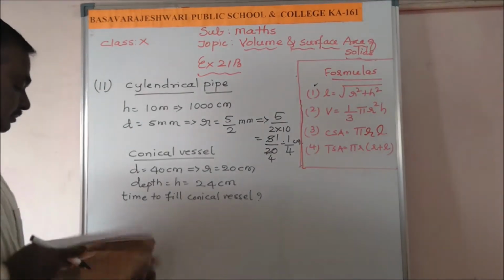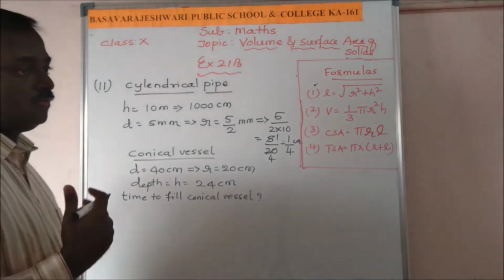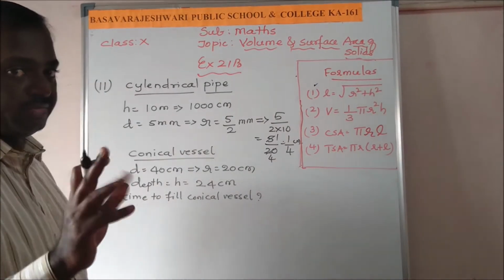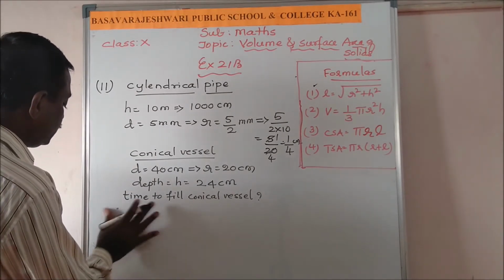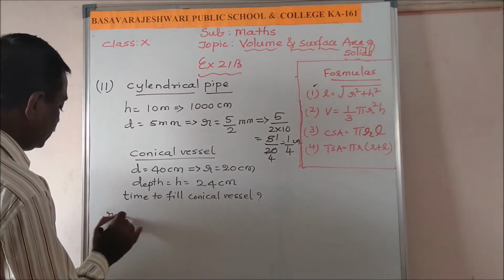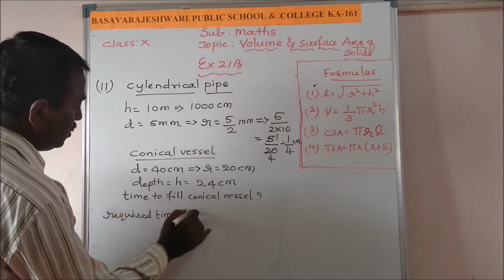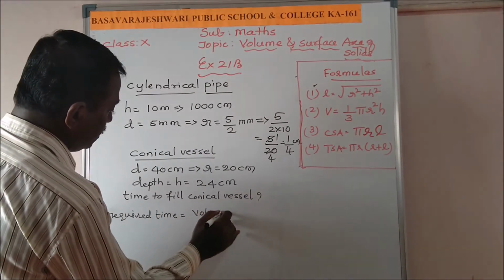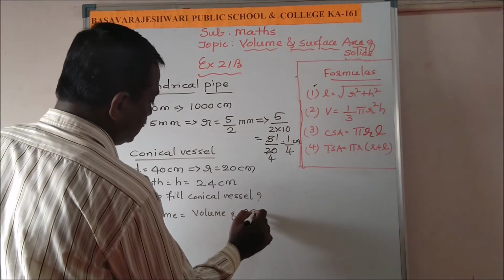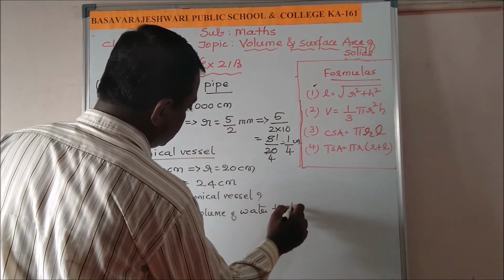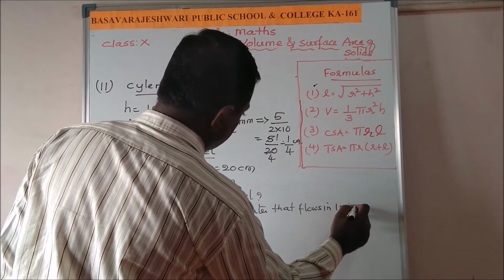Okay. Now, volume of the water which flows in 1 minute. Required time is equal to volume of the conical vessel divided by volume of water that flows in 1 minute.